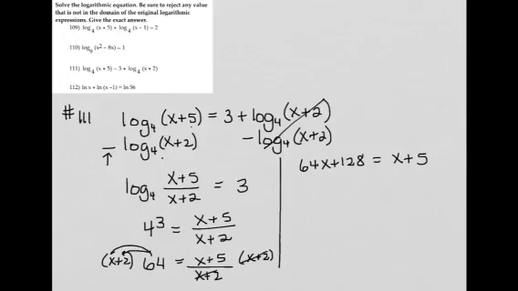And I can subtract the x over, that gives me 63x, equals, subtract the 128 over, that gives me a negative 123. This is coming out like a horrible looking number. So x equals negative 123 over 63.